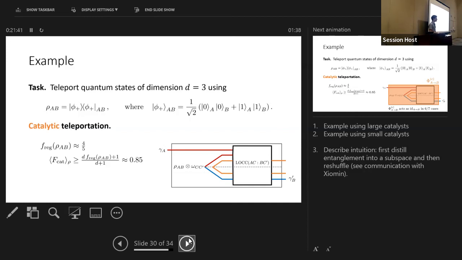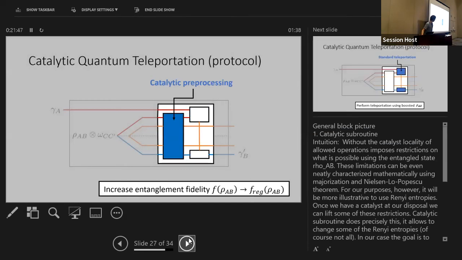Hi, very nice talk. I had a question. If you go back to the slide with the pre-processing step, could you say a bit more about what this pre-processing is? Yeah. So basically, it's an LOCC operation which will act only on the system and the catalyst. So that doesn't touch the state to be teleported.